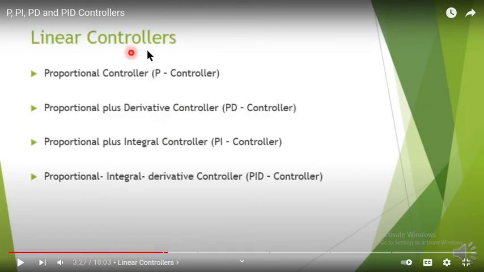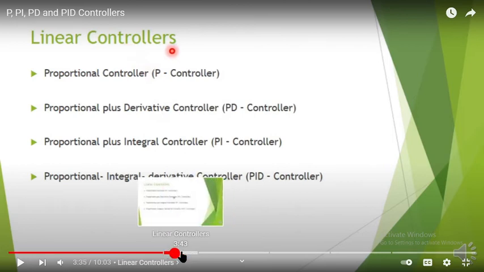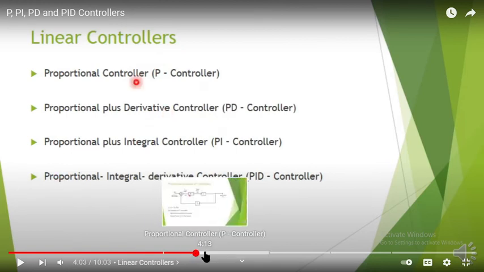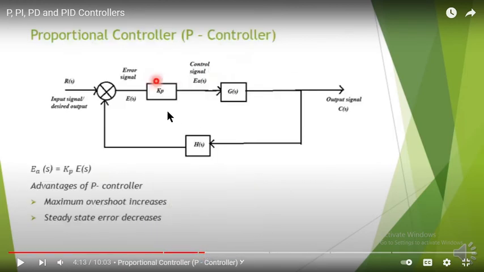So these are the four types of linear controller. I already taught you that the first type is a proportional controller, then PD controller, then PI controller, and proportional integral derivative controller, which is known as the PID controller. This is the simplest form of controller, the proportional controller, where Kp is the proportional gain.